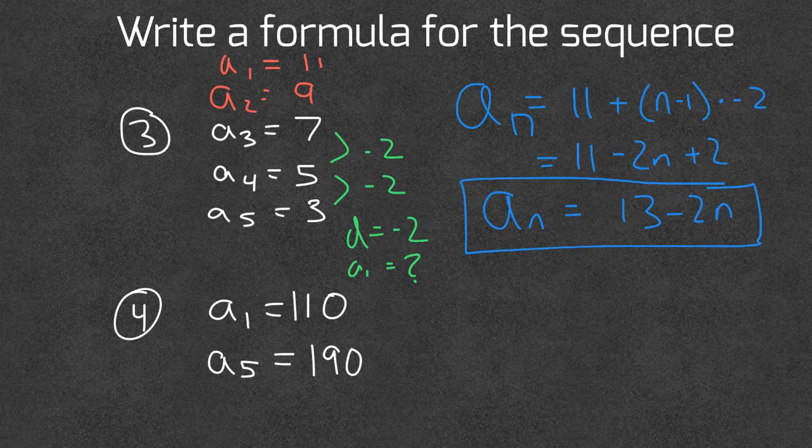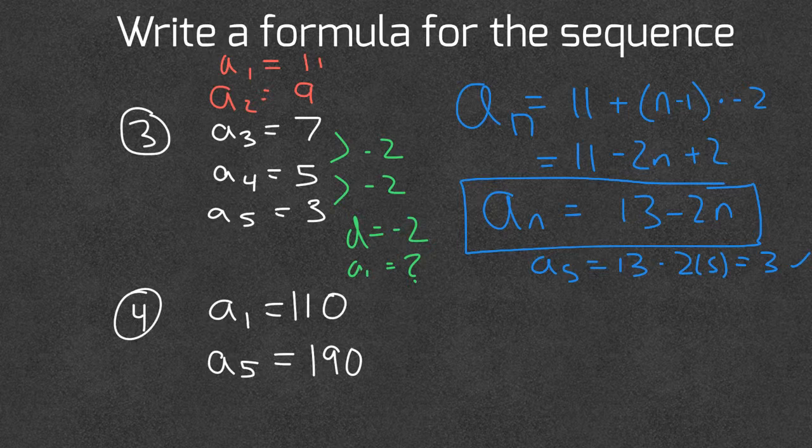Right, and that's a formula that represents this sequence. I could plug in 5 and I should get 3. So a5, let's check our answer. a5 equals 13 minus 2 times 5, which is 13 minus 10, which is 3. So it worked.